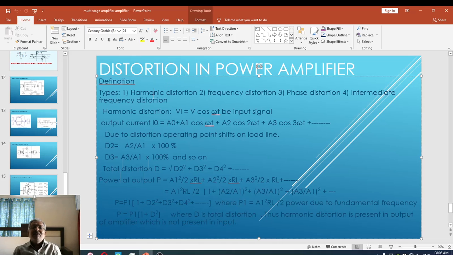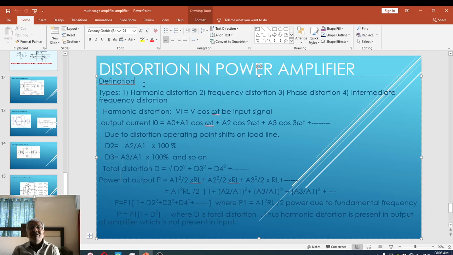As far as the definition of distortion is concerned, it is any type of deviation which is present in the output of the power amplifier but which is not present in the input. Means distortion is totally related with the output of the power amplifier.